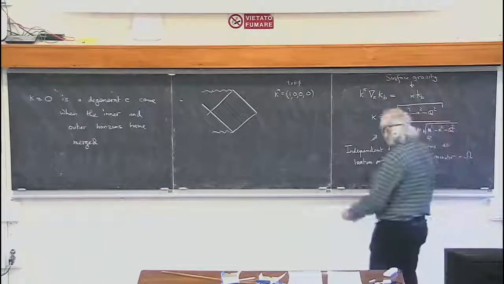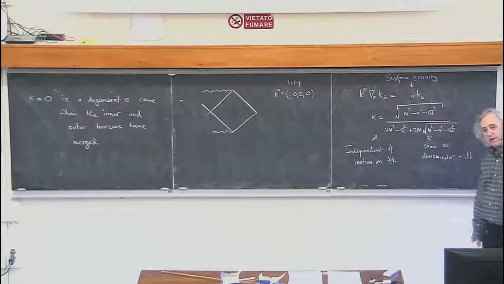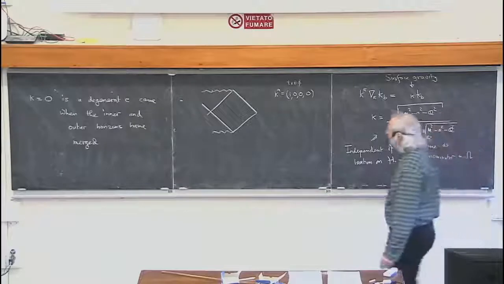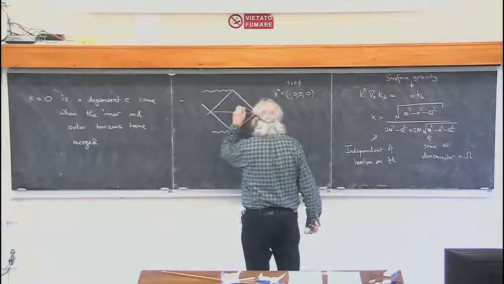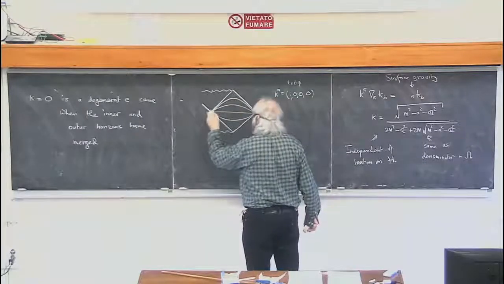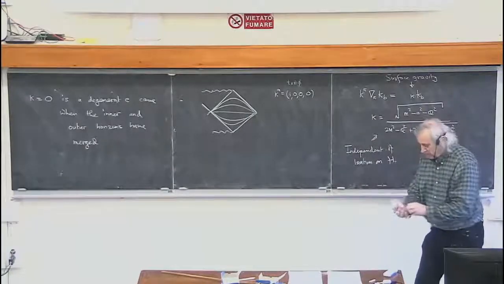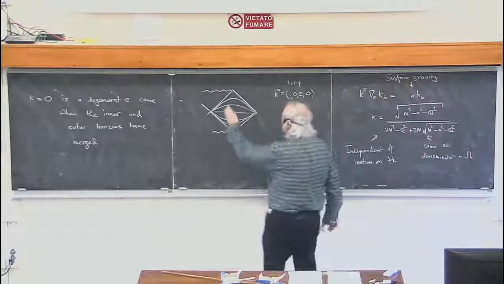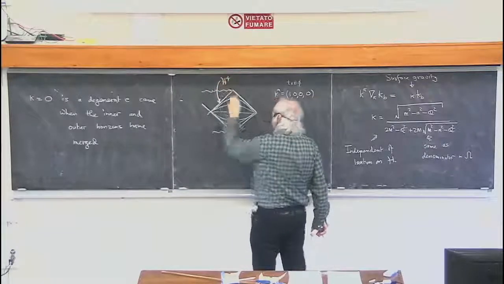The reason that you will fail is that, if you think back to lines of constant t in this picture, lines of constant time look something like this. We're interested in the properties of the horizon up here on H+.